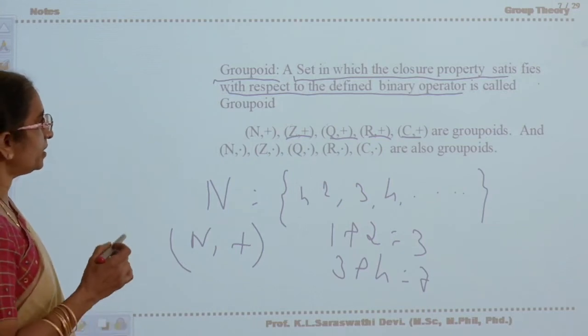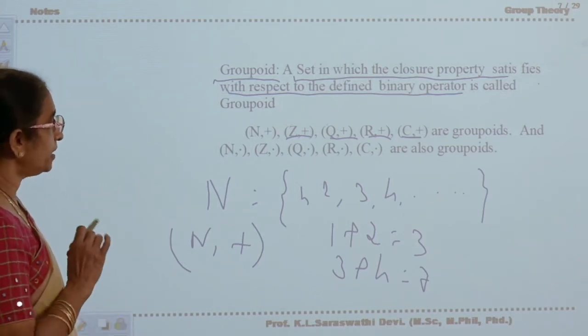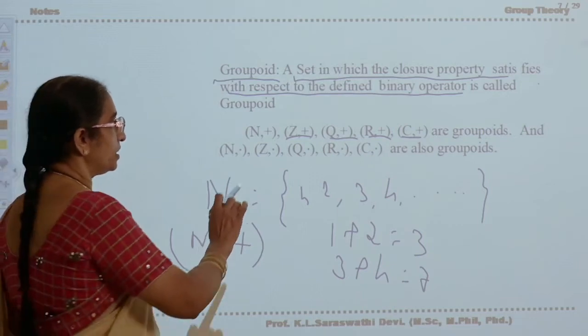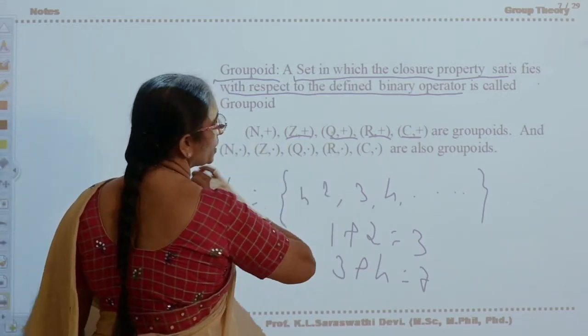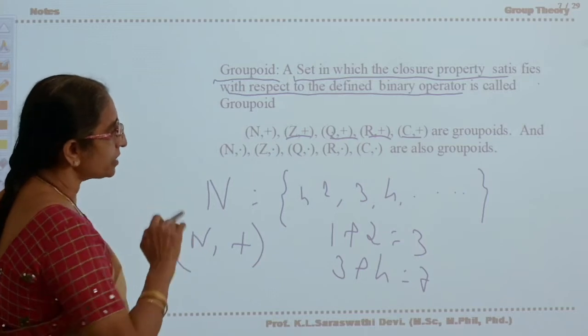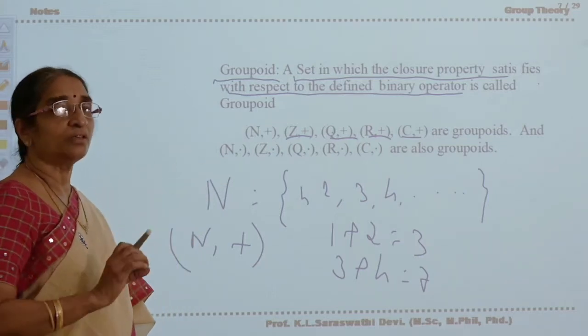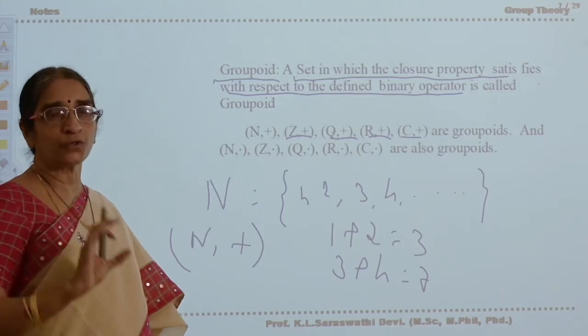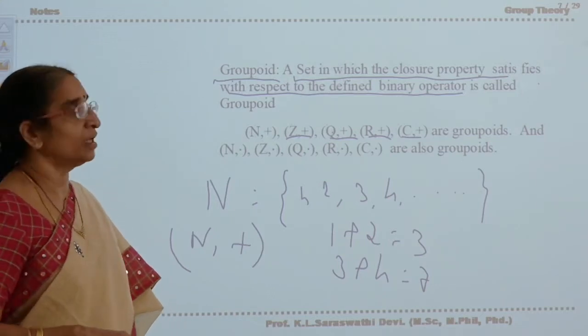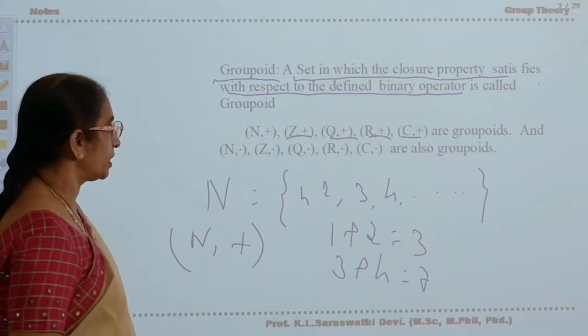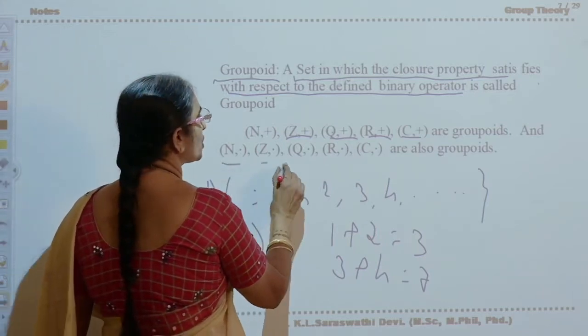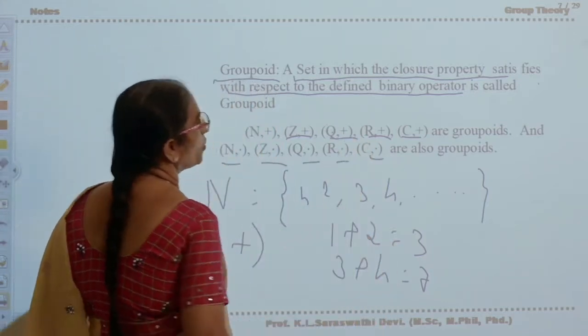Now N is the set of natural numbers, Z is the set of integers, Q is the set of rational numbers, R is the set of real numbers, C is the set of complex numbers. These all satisfy the closure property with respect to addition. Not only addition, with respect to multiplication also they satisfy the closure property.